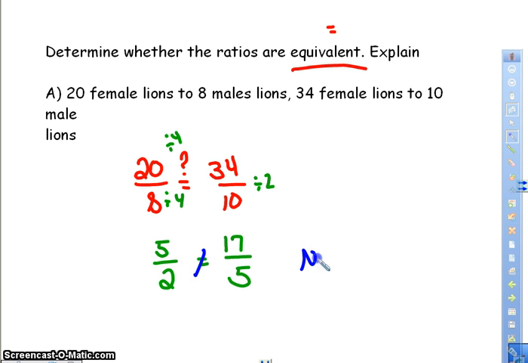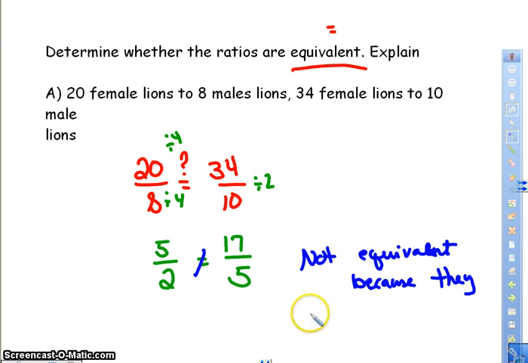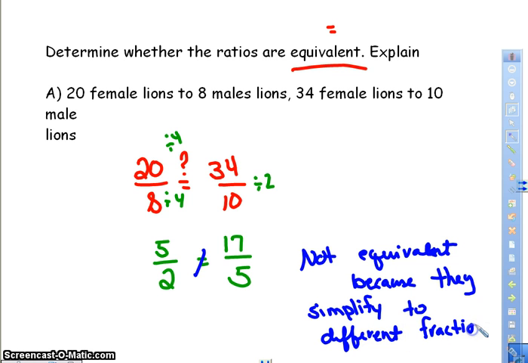So these are not equivalent, because they simplify to different fractions. Okay, we want the fractions to represent the same thing.